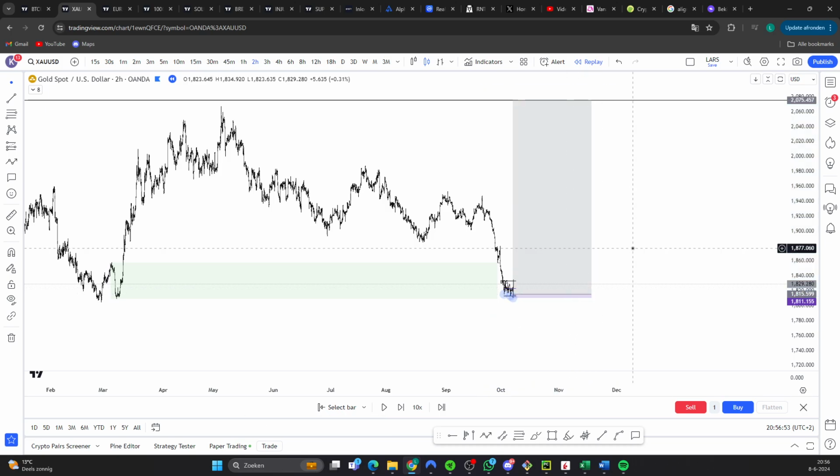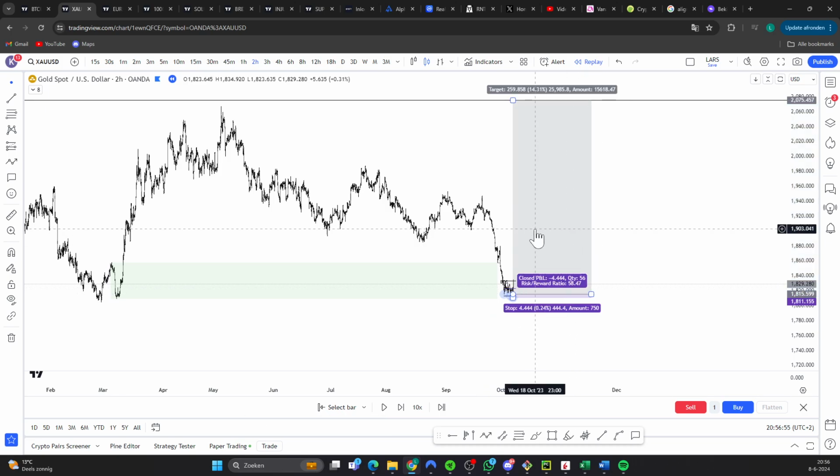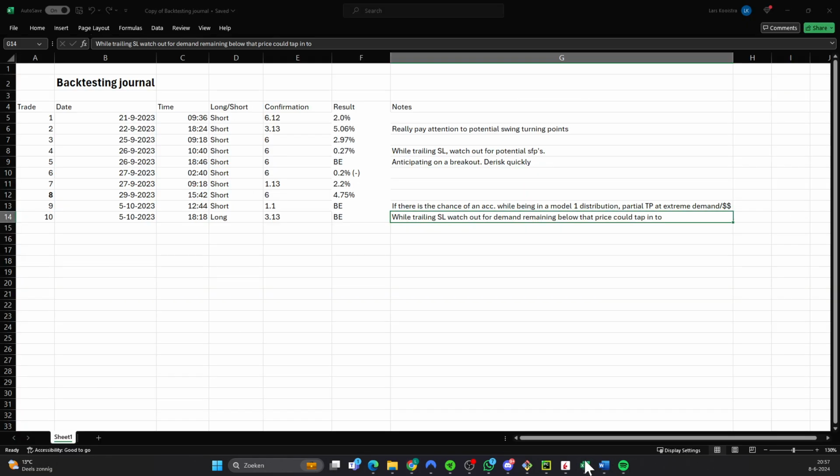It will be 117%, since we have a 2% risk, if we do not take any take profits at all, which is never going to be the case, of course. But this is the potential. So let's just note down the trade.